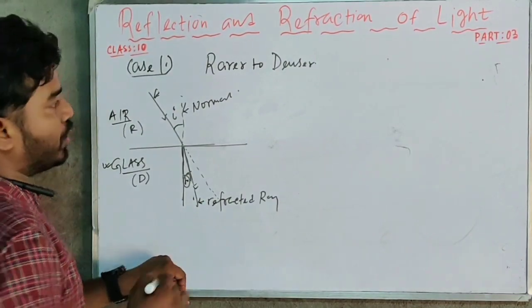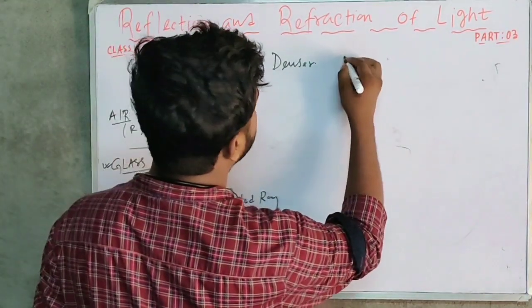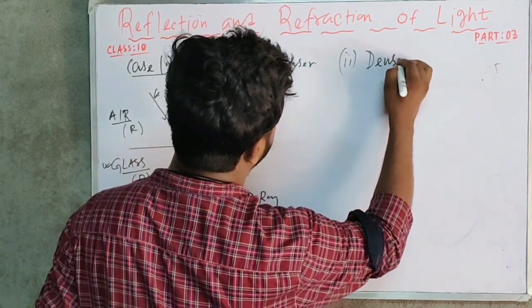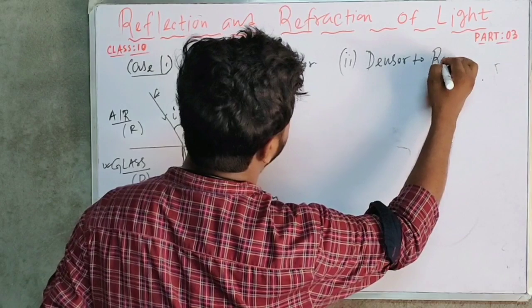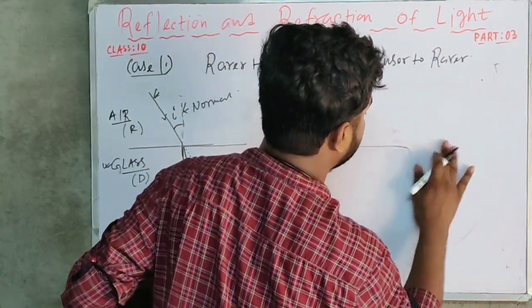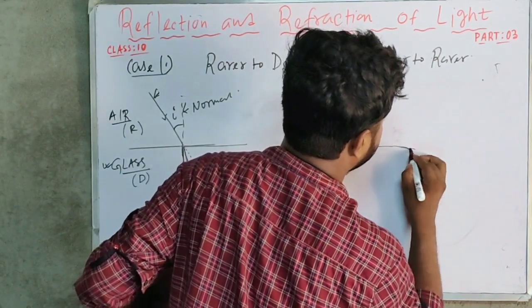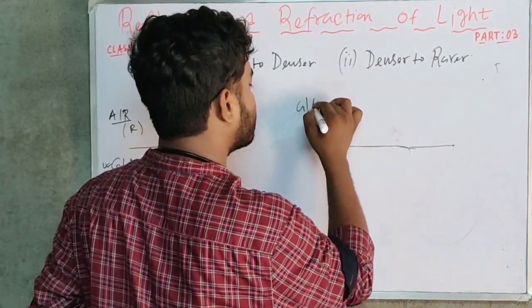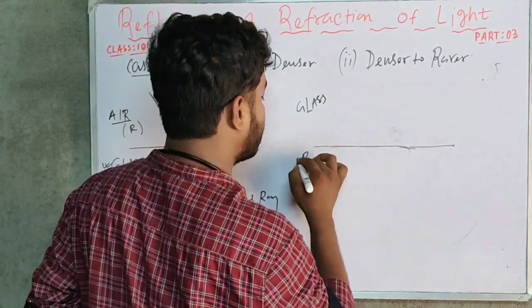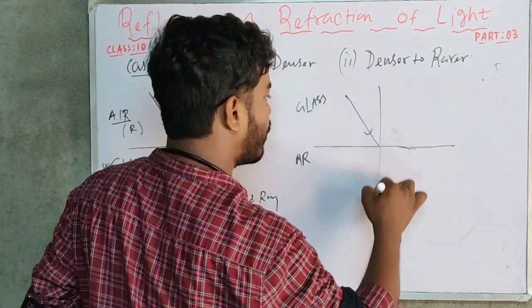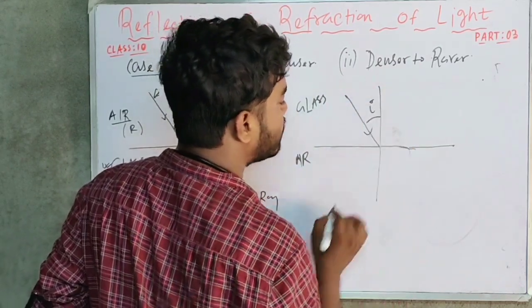Now case 2, that is when light travels from denser to rarer medium, the phenomenon is reciprocal to the previous one. Suppose this one is glass and this one is air. The incident ray, this is the normal, angle of incidence.